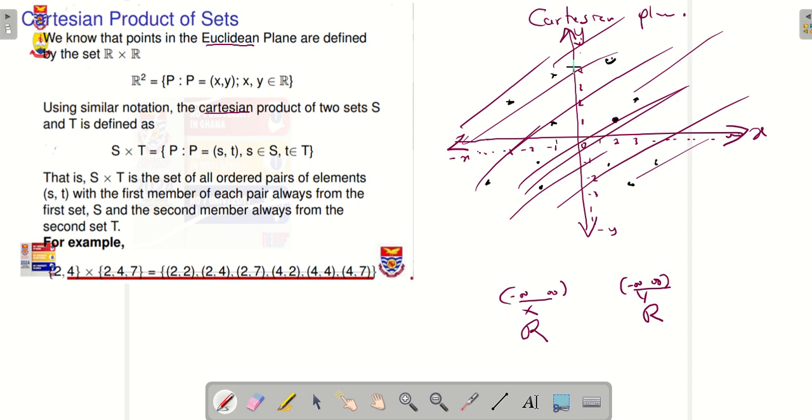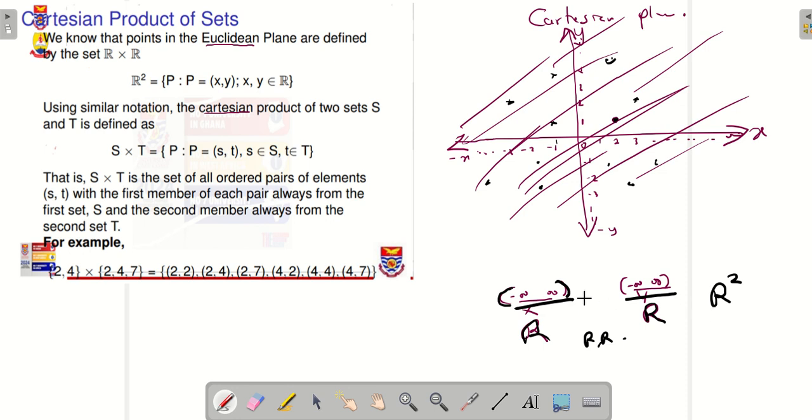Therefore, we can say that if we take any element in the first set, which is the set belonging to the x-axis, and we pair it with an element in the y-axis, which also contains the set of real numbers, it means that we are going to have R combination R, and the total number of pairings we can get from this set and this set is what we call R squared.